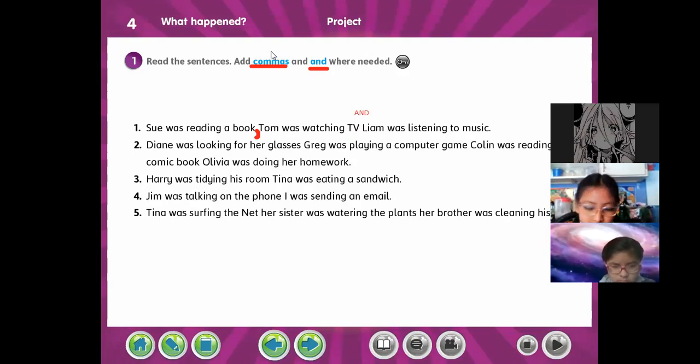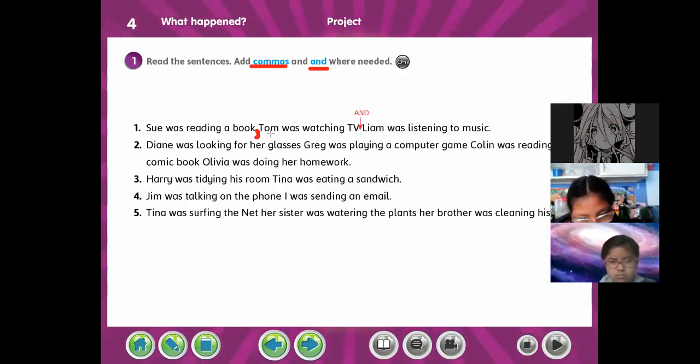Okay? We use and to mention the last idea. Sue was reading a book, Tom was watching TV, and Liam was listening to music. This is the correct way. For the second sentence, please, another volunteer, tell me.